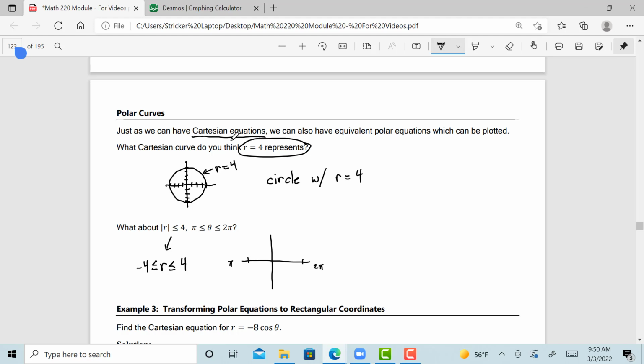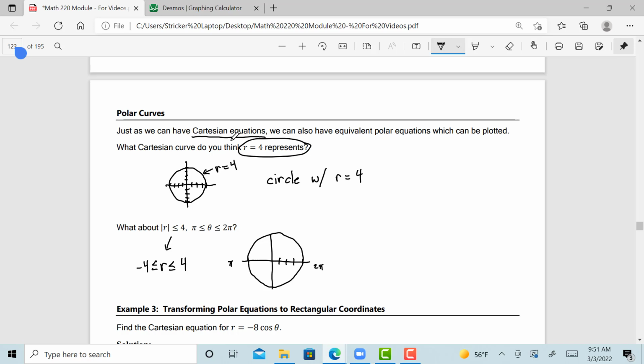So if r is 4 and we go from pi to 2 pi, we get the bottom half of the circle, but because r can be negative, that allows this, remember, just like we talked about in the last video, to flip over to the other side. So it actually gives us the full circle. This is, of course, assuming the radius here is 4.